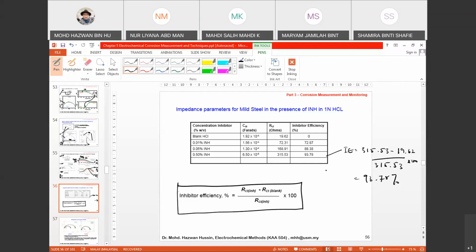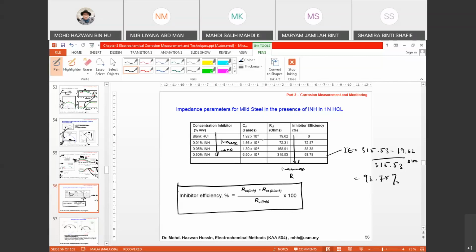All right. So the trend is that when you increase concentration, you will have an increase of resistance. And what about the double layer capacitance trend?